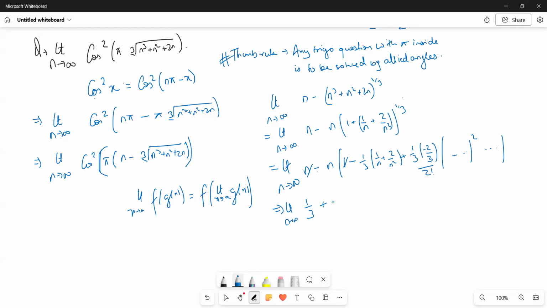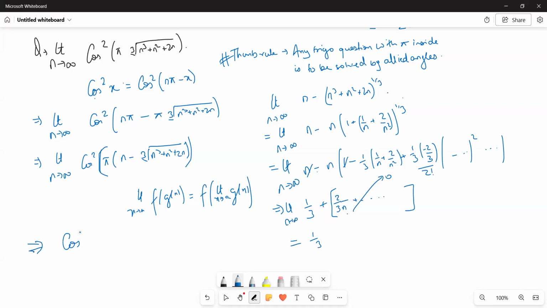Then the second term that we get would be minus minus plus 2 by 3n plus dot dot dot. As happened earlier, all the terms from here on will contain an n in the denominator. So with limit n tending to infinity, all of them tend to 0, and we get the answer as 1 by 3. The value of this limit is 1 by 3, which we put back over here.